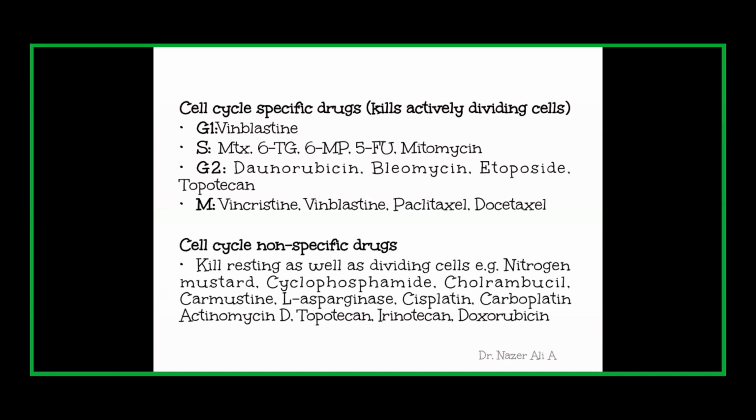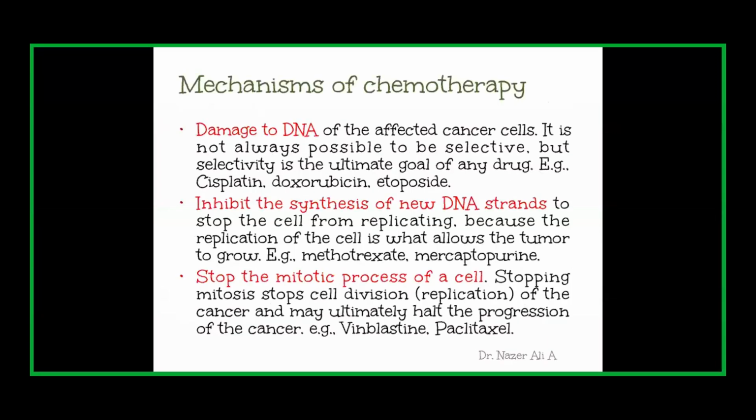But these drugs, vinblastine, methotrexate, vincristine, will exert their activity only at the specific phase of the cell cycle, which we will discuss in the upcoming slide. Okay, so what are the mechanisms? These chemotherapeutic agents may exert their activity by creating direct damage to the DNA.